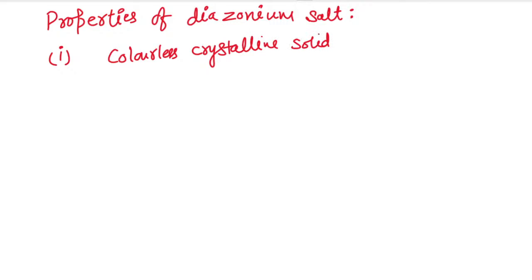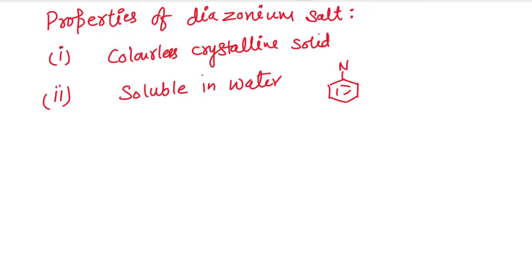But if it is exposed to air, it can become colored. Otherwise it is a colorless crystalline solid because it is ionic. Being ionic in nature, it is soluble in water, except benzene diazonium fluoride. Only this one is insoluble in water because it is quite stable.